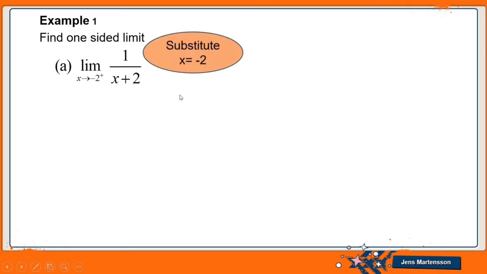Okay, first we substitute x equals negative 2 in x. We get 1 over negative 2 plus 2, and negative 2 plus 2 is 0. So the answer is 1 over 0, and for 1 over 0, we don't know the answer.